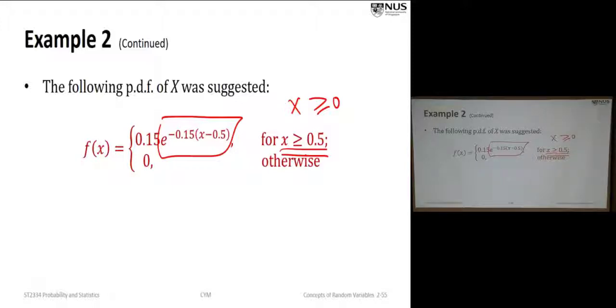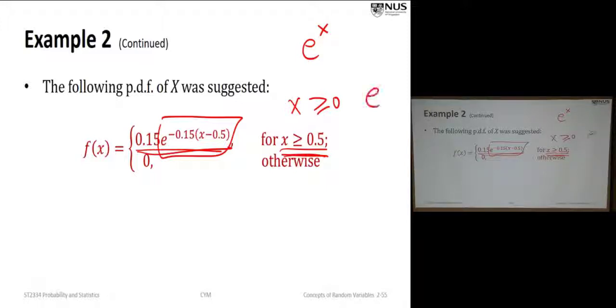So now the next question is, is this bigger than 0, this function over this range? That's one thing that you have to know. Is this bigger than 0 for all x? Even negative? Is it?